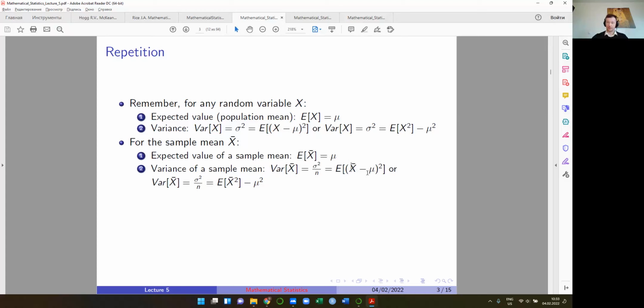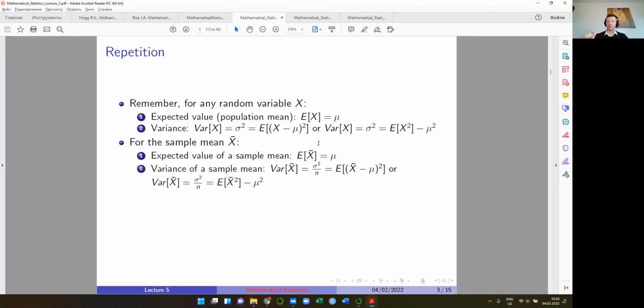So don't think that this is somehow numerically calculated from the data. Or using this formula, we can plug in x bar squared, which is kind of the average of x squared, right? The average of x squared minus population mean squared. We will need this thing in a while.